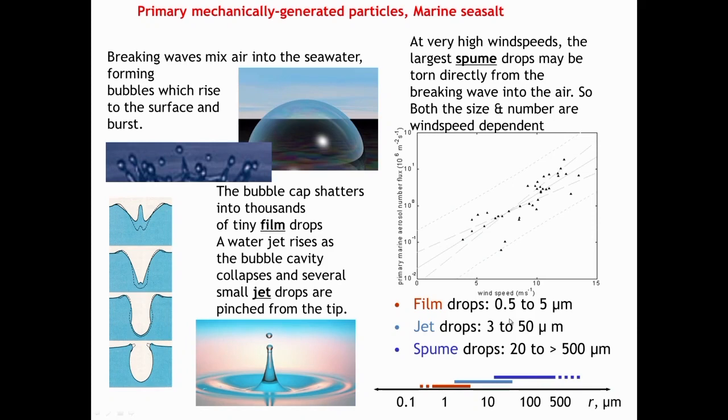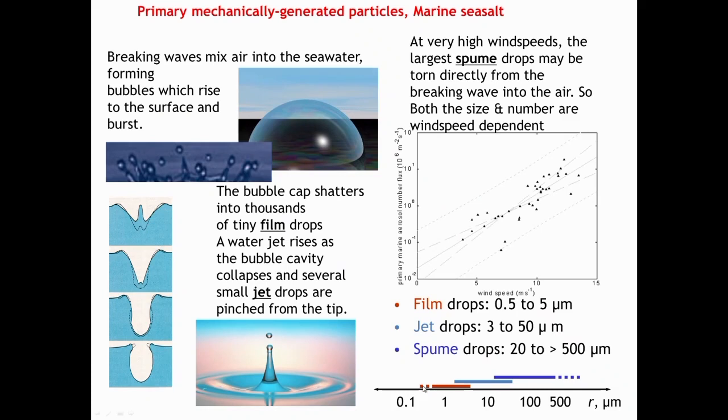So which ones last the longest? Film drops, because they're smaller. So the spume drops, they only last tens of metres because they settle very, very quickly. The smallest jet drops and the film drops can last for up to a couple of days.